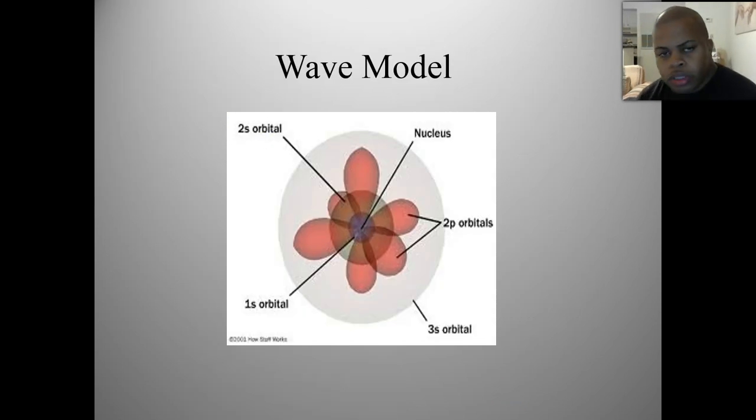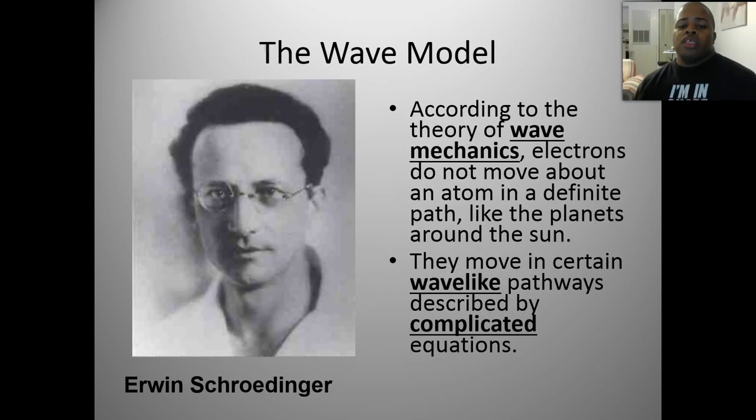Now, Niels Bohr was our second to last, and the last one, my favorite, is our current model, which is called the electron cloud model or the wave model. This is the one that looks sort of like a flower, like some people were saying maybe had a strange appearance to it. This is by a man named Erwin Schrödinger.